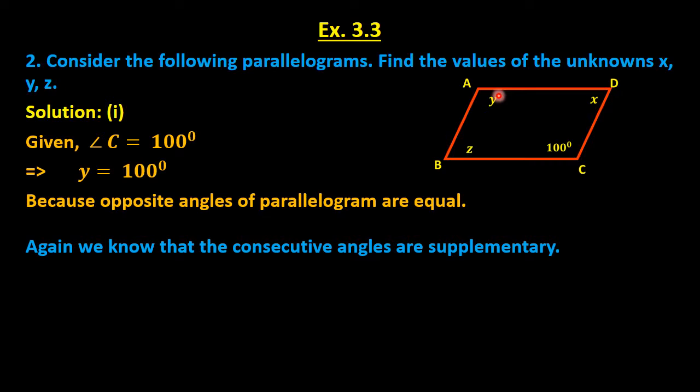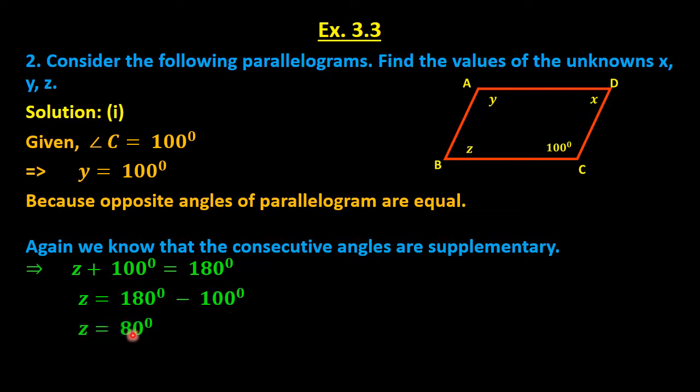The value for y we have already obtained is 100 degrees. So z plus 100 degrees equals 180 degrees. Now we shift the 100 to the right hand side, and after subtraction we get z equals 80 degrees. So we have got y, which is 100 degrees, and z, which is 80 degrees.